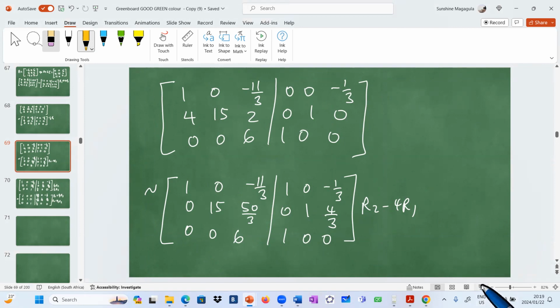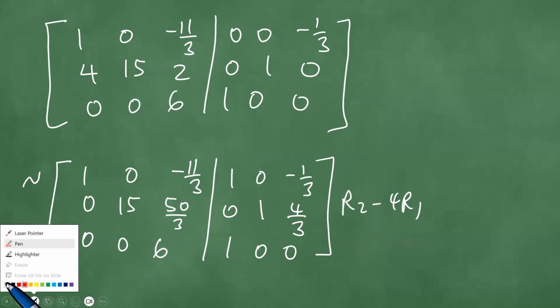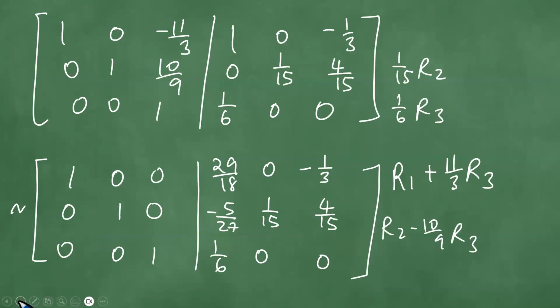Okay, check this. So this is 0. Let's write this one as 0. Okay, so this one is 0.